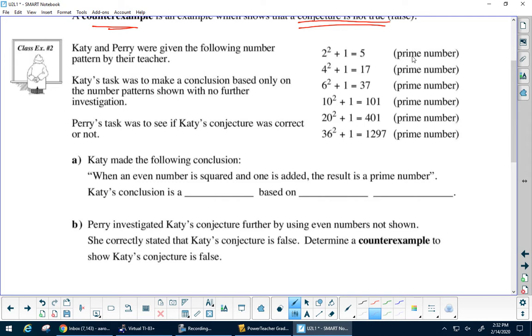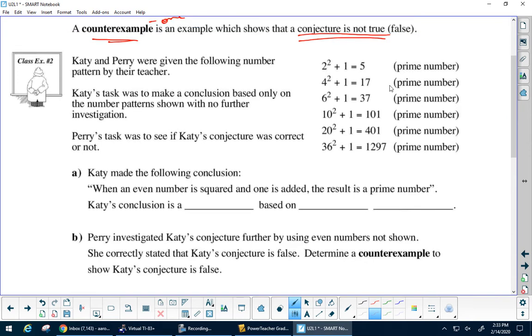Now what's a prime number? Anyone know? Math 10? Right. It can only be divided by 1 and itself.